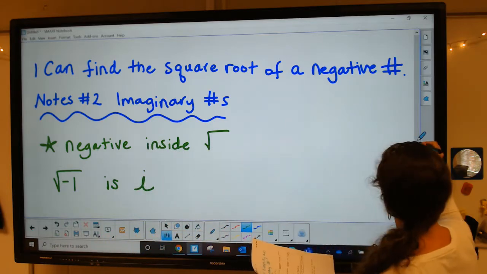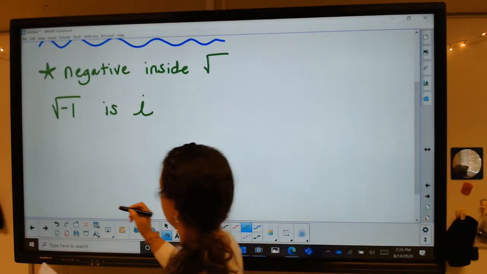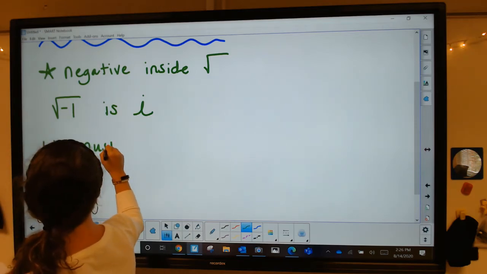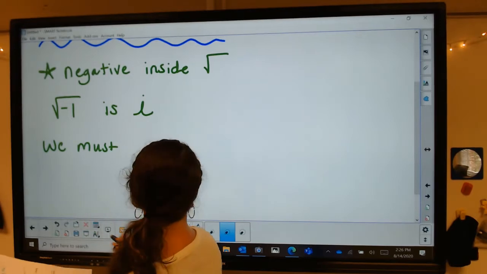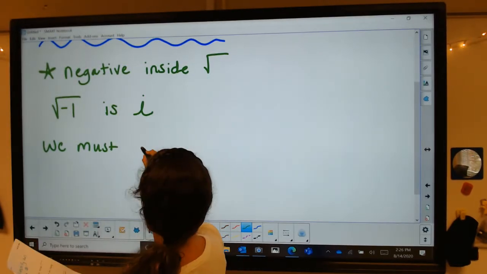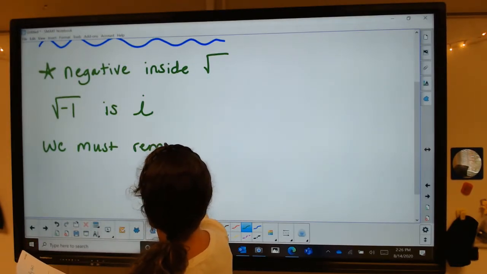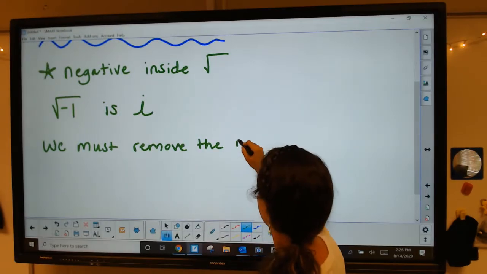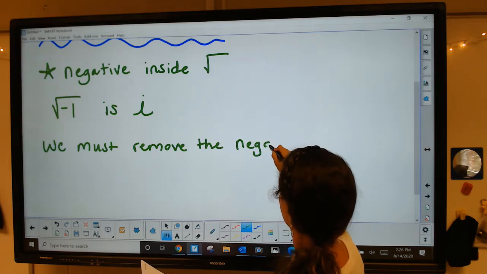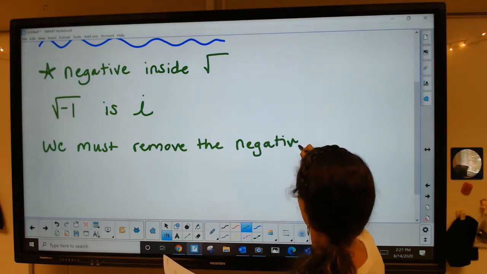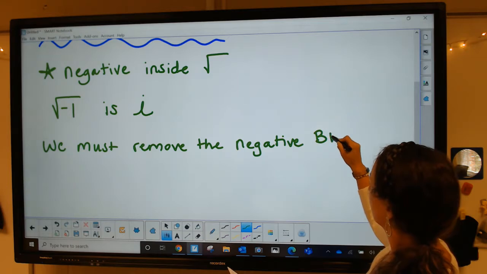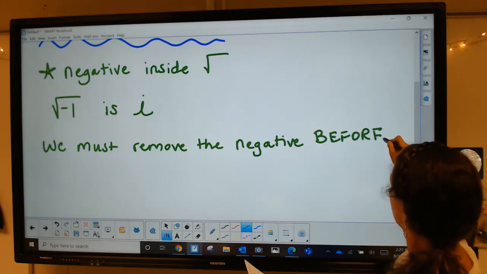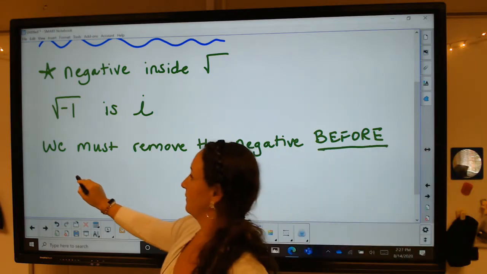And we must remove the negative before we simplify.